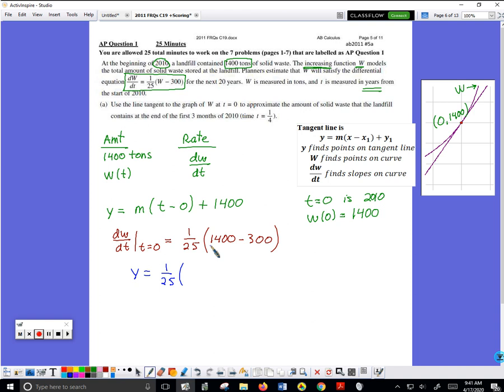Let's see, 1,400 minus 300 is 1,100. And I have another parenthesis. T minus 0 is just t, so I guess I could have just put a t right there. Plus 1,400. If you were to put an x here, I do think they'll forgive you, though it should be a t.